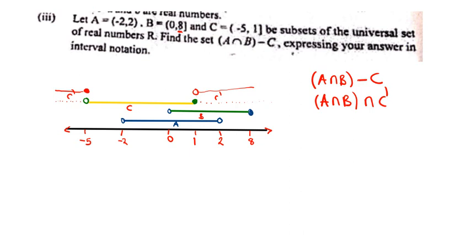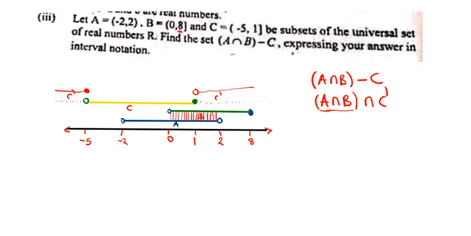Yes. So the question is A intersection B. We'll attend to this and then also intersect where there is C complement. A and B intersect in this part. This is the only part where A and B intersect.